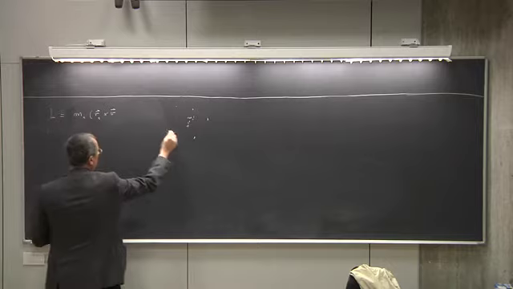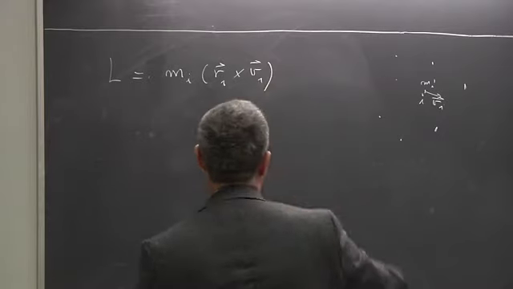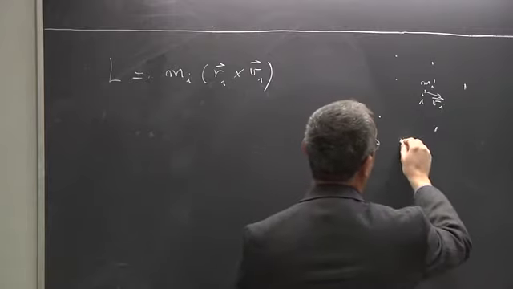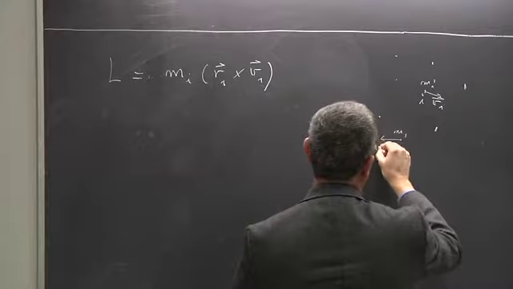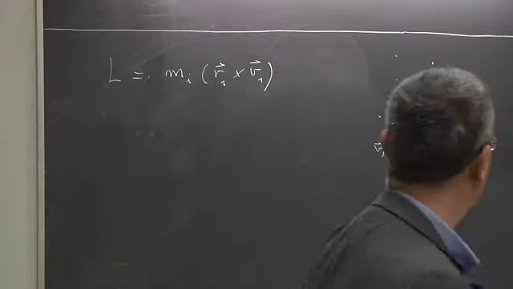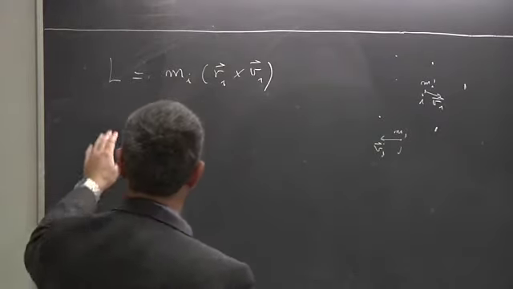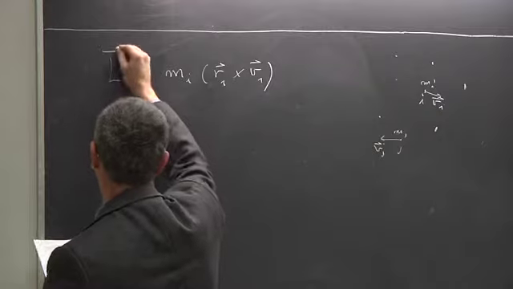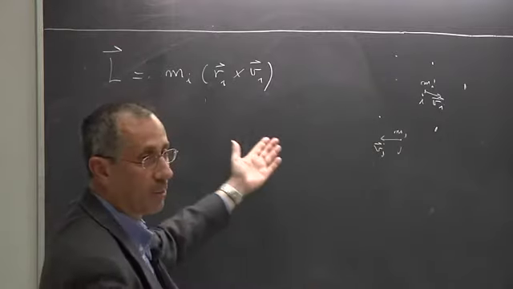You just take, so this one has a certain velocity v_i. And then there is another one here with a mass m_j, a velocity v_j. So you just sum over all your collection of points, and that defines a quantity, right? That is a vector, and is what you call the angular momentum.